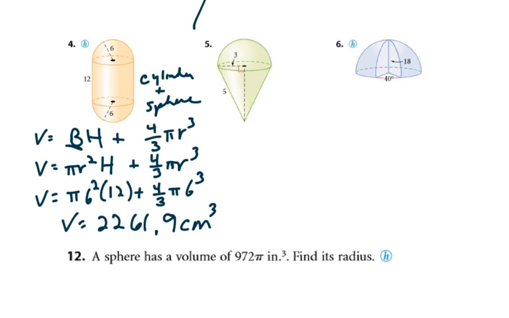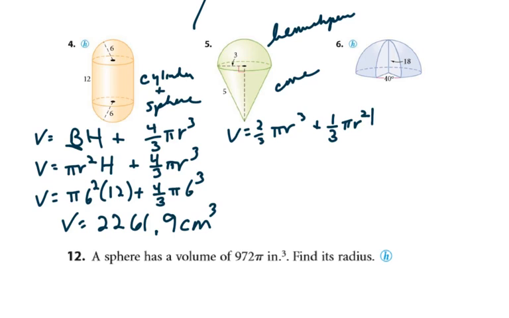And then number 5. So breaking that into pieces, you have a hemisphere and a cone. So hemisphere, 2/3 pi r cubed. And then the cone, 1/3 base times height, or 1/3 pi r squared h.